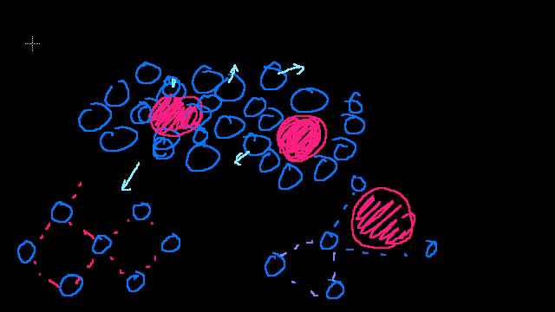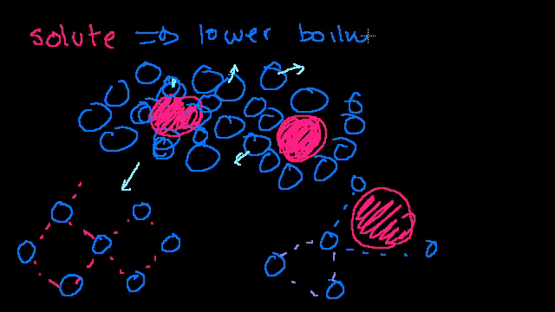So solute particles make you have a lower freezing point. If we're talking about water at standard temperature and pressure, or at 1 atmosphere, then instead of going to 0 degrees, you might have to go to -1 or -2 degrees. And we're going to talk a little bit about what that is.